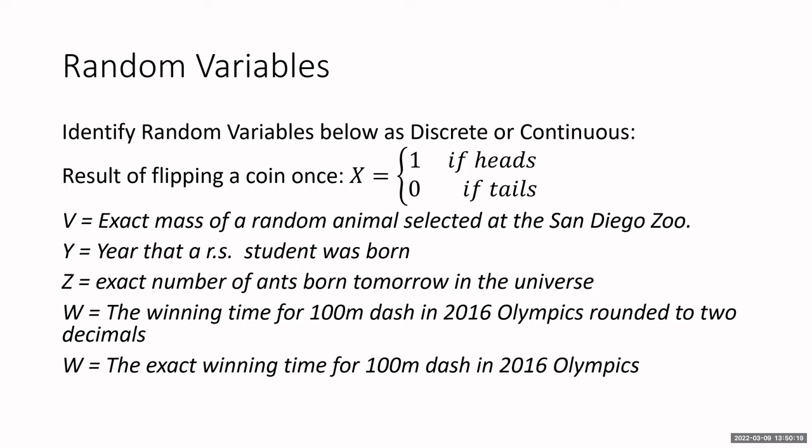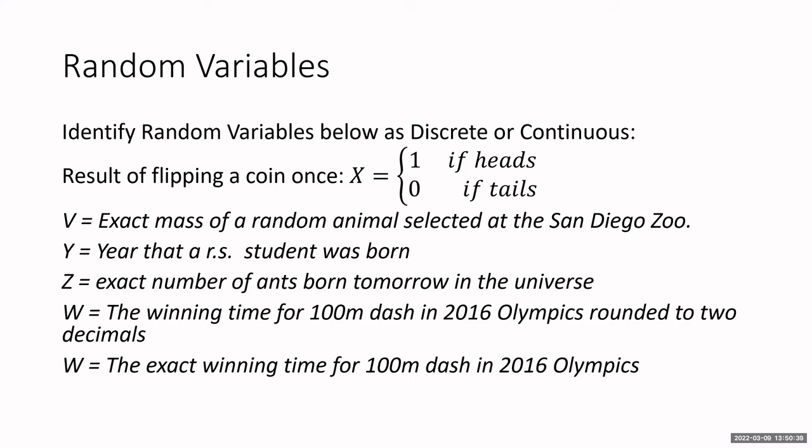It says identify random variables below as discrete or continuous. First, the result of flipping a coin once. If we flip a coin once, what kind of values can our random variable take on?